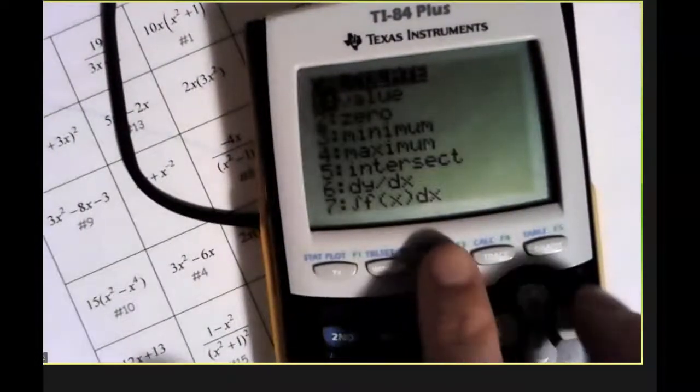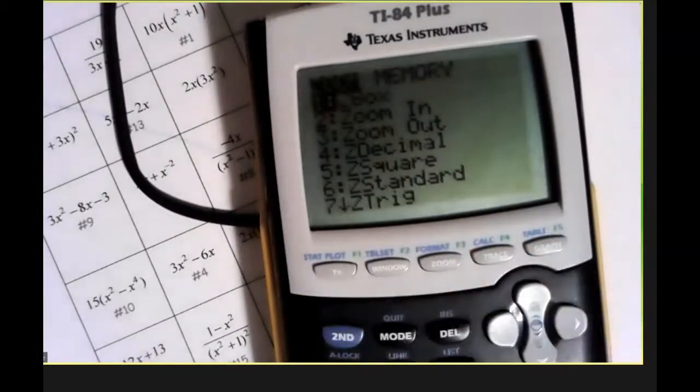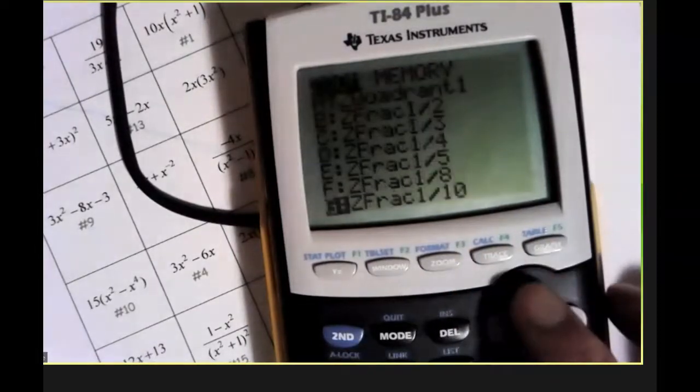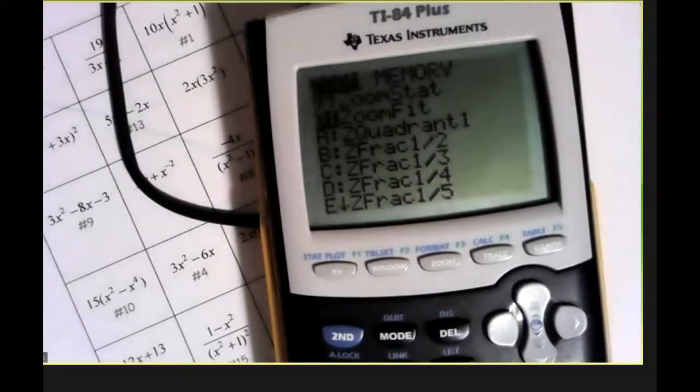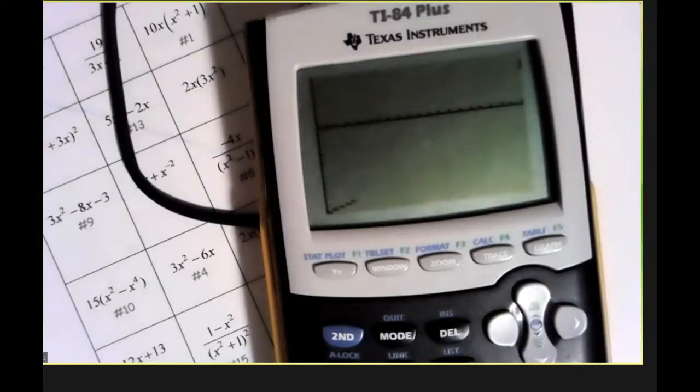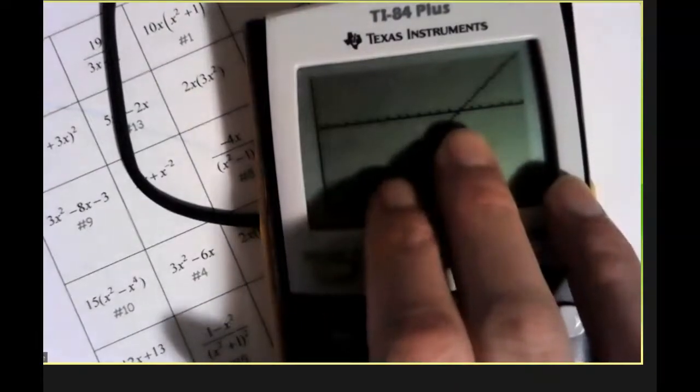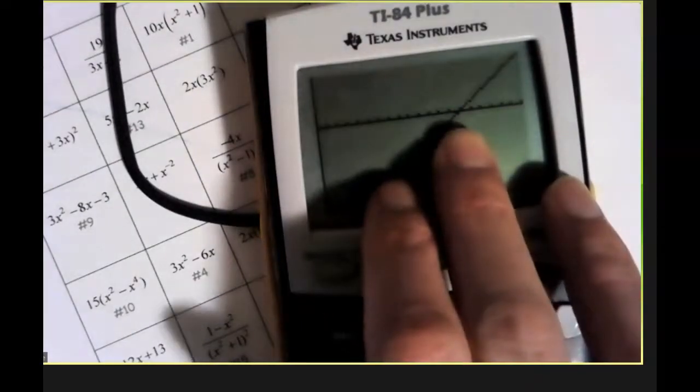So what I'm going to do is hit zoom, and I'm going to go to fit, which is down here at the bottom. So I can see right there that I have an x-intercept, which would be a 0 of the function.